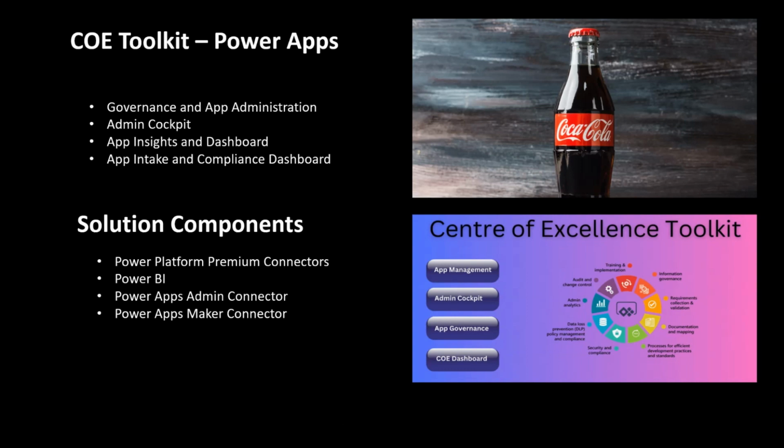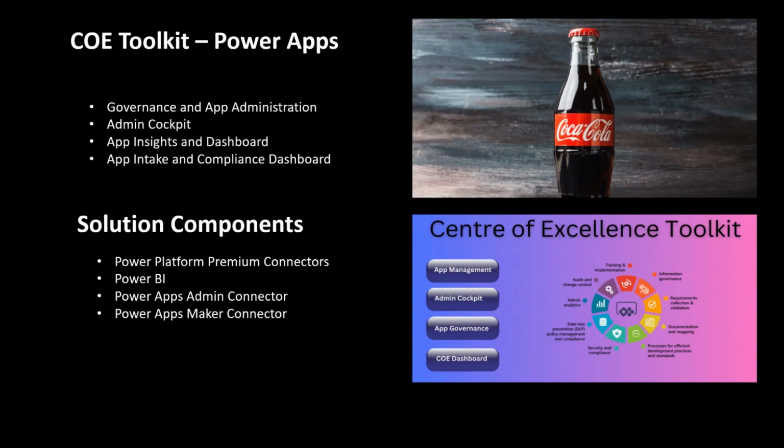COE Toolkit is a solution offered by Microsoft out of the box for configuring governance, maintenance, app administration, resource handling, license handling, and various other governance features to make sure the environment, tenant, and the apps are governed rightfully.